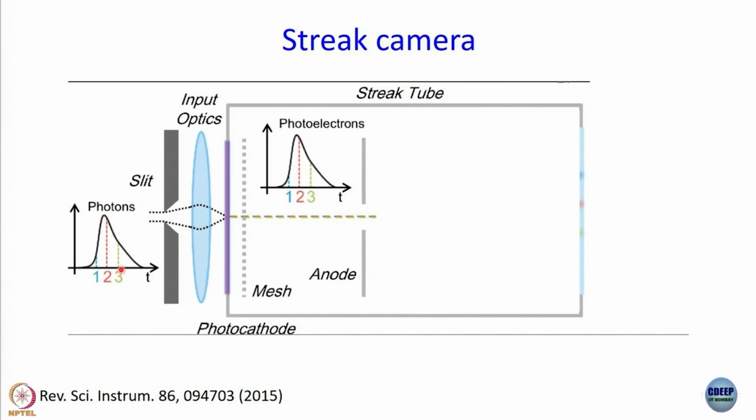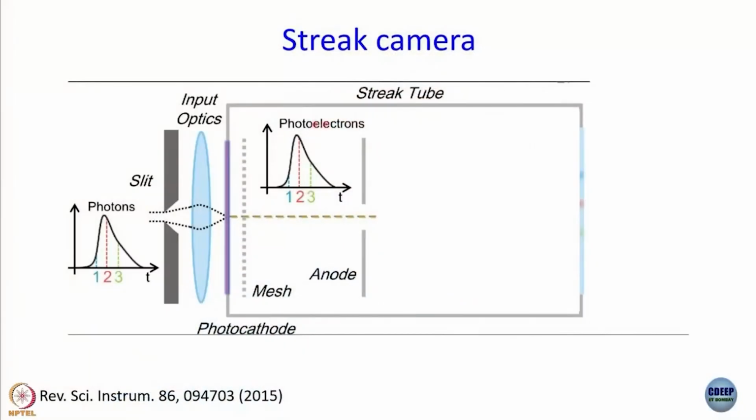This band number 3 of photons is going to emit a bunch of electrons, then band number 2 will emit another bunch, band number 1 will emit another bunch, and the number of electrons emitted is going to be proportional to the number of photons in each band, right. So, if I could plot the number of photoelectrons, then they would have the same distribution as the distribution of photons here. Are we clear about that?